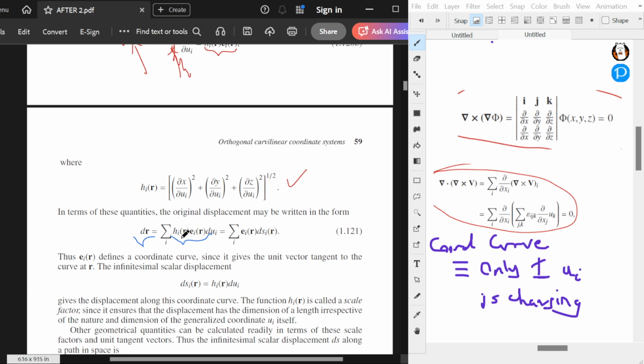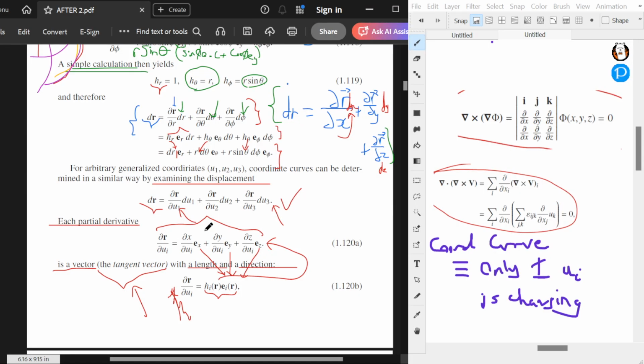Basically, initially we broke up dr into the change in each axis.